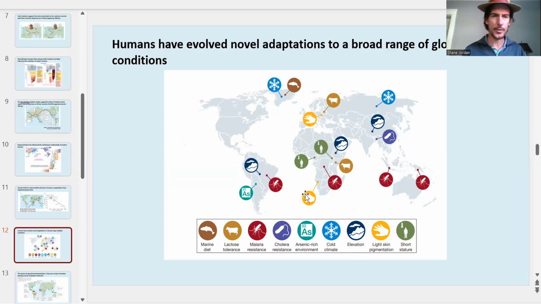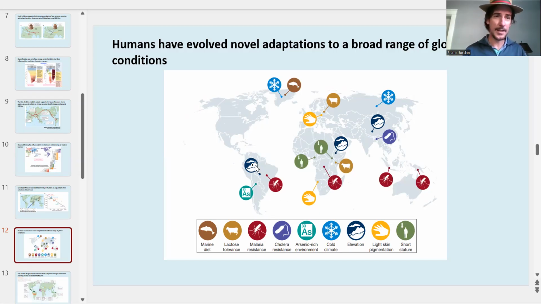We also see that in sort of more southern Africa. Things like malaria resistance in these sort of tropical environments in South America and Africa and Indonesia. Things like resistance to an extremely cold climate, like in Greenland or northern Russia, or things like adaptation to an almost purely marine diet, again, in places like Greenland.